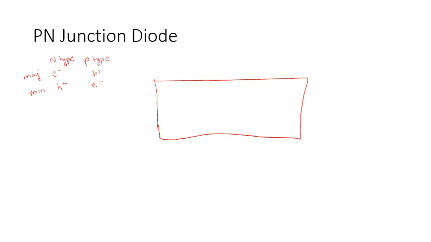If I take this as my system, this is a p-type semiconductor, this is an n-type semiconductor, both are of almost the same size. P-type semiconductor has majority holes and a minority number of electrons. N-type semiconductor has majority electrons and a minority number of holes.